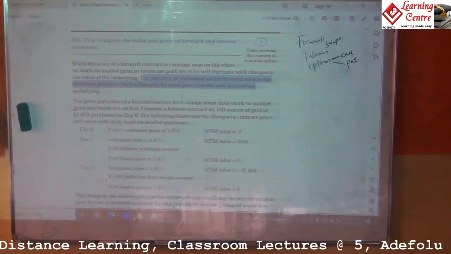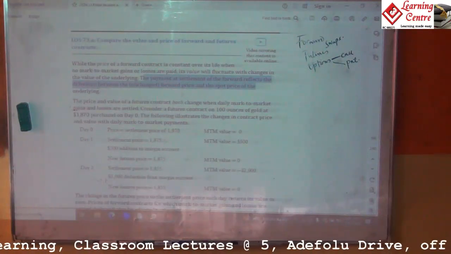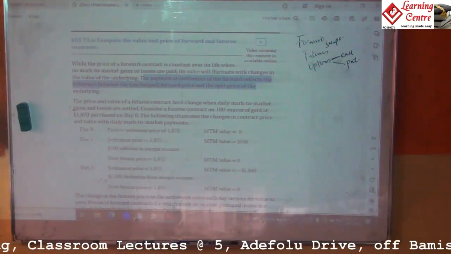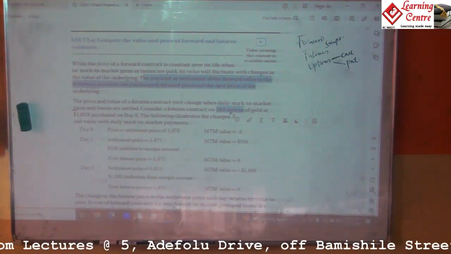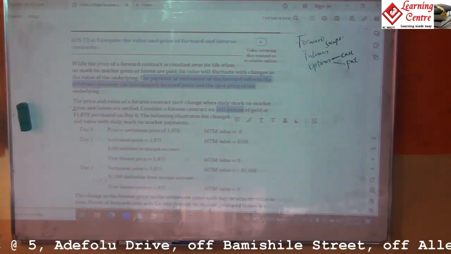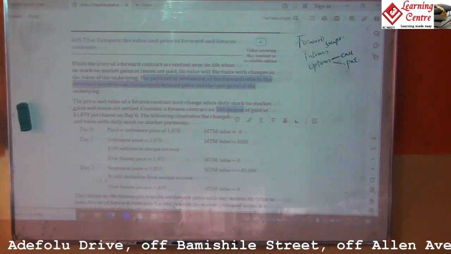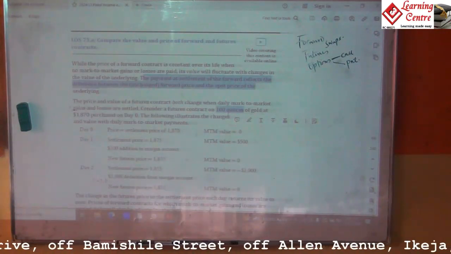So there is a gain of 5. Because of this gain of 5, when you multiply the 5 by the 100, which is the contract size, it gives you 500. So the buyer has gained 500 and the seller has lost 500. Let's just assume in this case that it's that kind of contract.